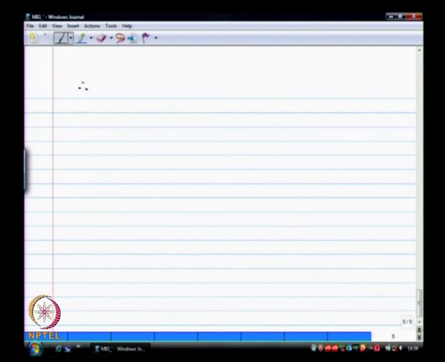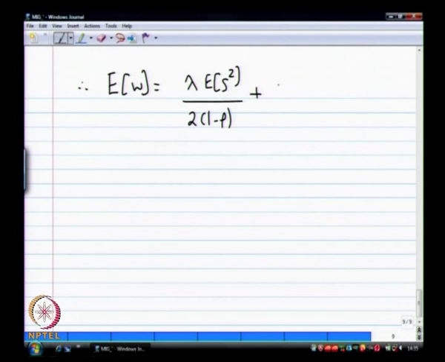So therefore our E of W now translates to lambda, because there is 1 minus rho on top.